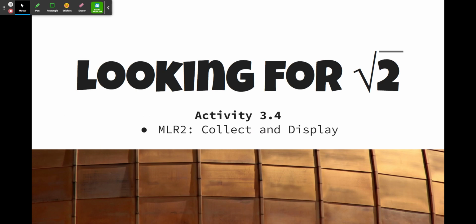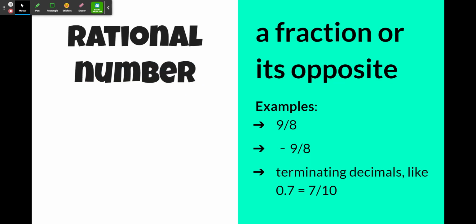So let's look for the square root of 2. Can we find some more numbers? Can we find a number that is actually the square root of 2? Let's see, rational number: a fraction or its opposite, examples 9/8 and -9/8. Terminating decimals like 0.7 is equal to 7/10.